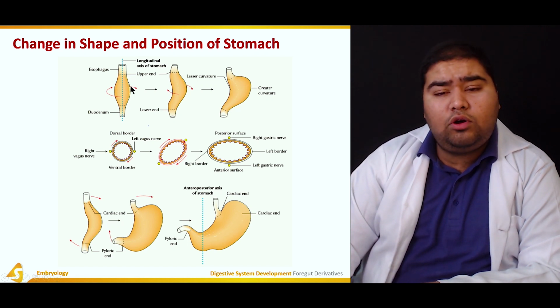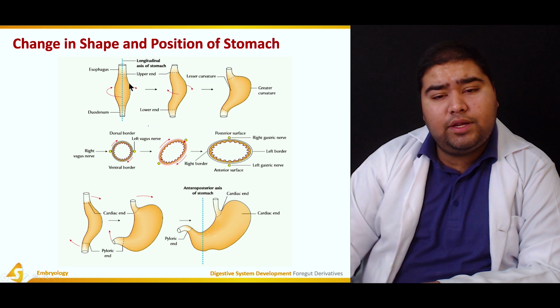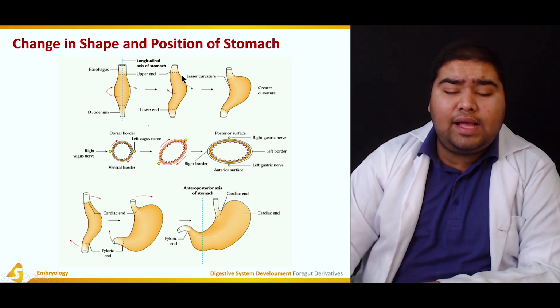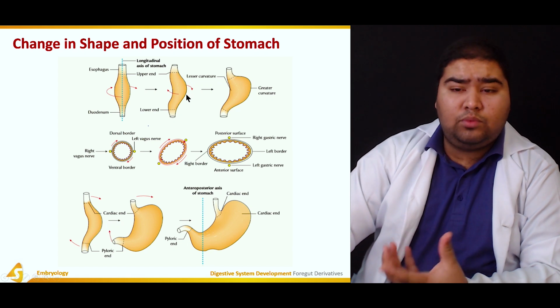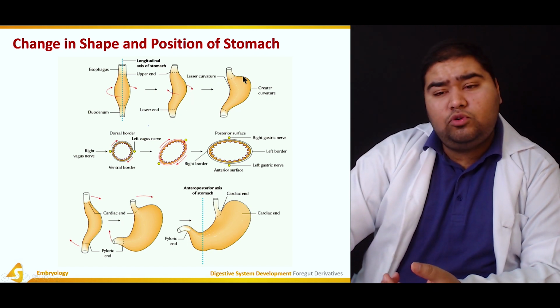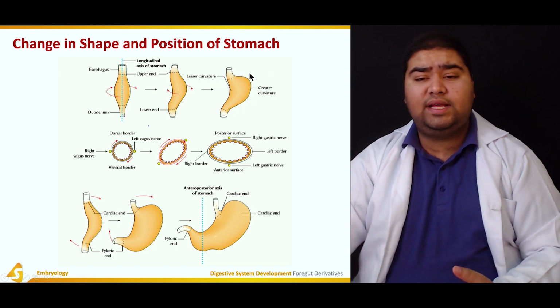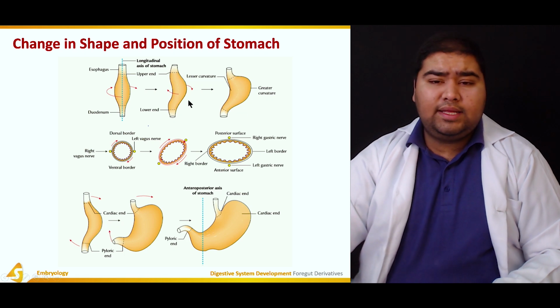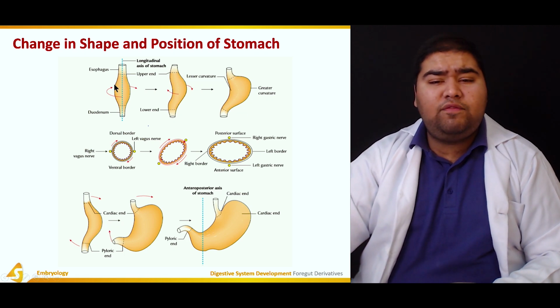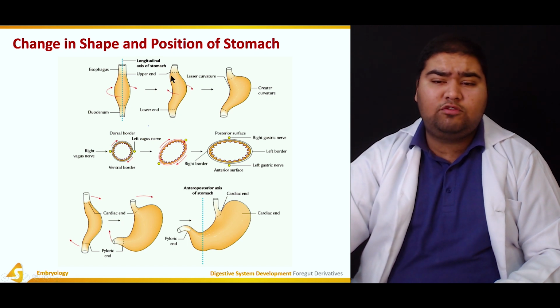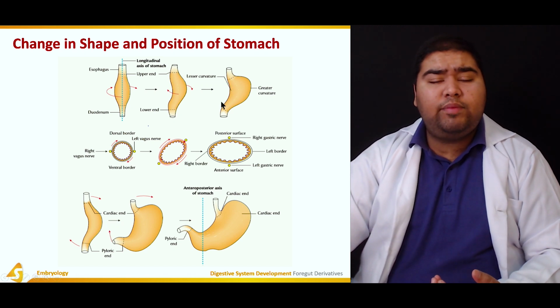There's more growth on the anterior end as compared to the posterior end, as a result of which the anterior end expands more. So it expands more towards the right, and the greater curvature of the stomach is formed due to rapid proliferation of cells on the anterior border. There is a lesser proliferation of cells on the posterior border, as a result of which there is some formation of curvature.